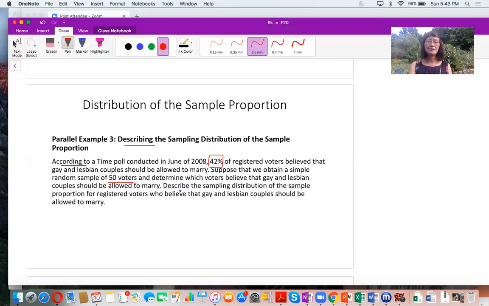Describe the sampling distribution of the sample proportion for registered voters who believe that gay and lesbian couples should be allowed to marry. The question asks you to describe the sampling distribution. When you describe a sampling distribution, you need to describe two items. First, what is the mean of the sampling distribution? Second, what is the standard deviation?